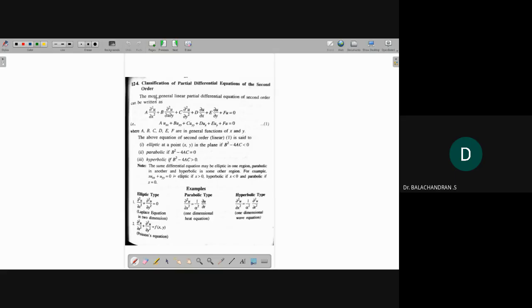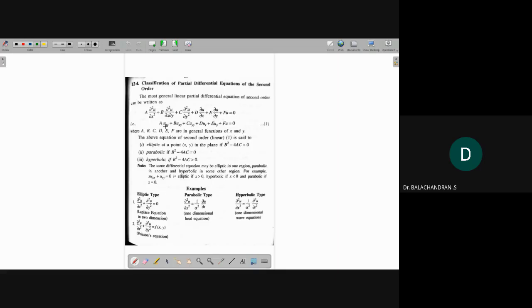This is a general introduction about PDEs, classification of partial differential equations of second order. This is the most general linear PDE of second order: A into dou square u by dou x square plus b into dou square u by dou x dou y plus c into dou square u by dou y square plus d into dou u by dou x plus e into dou u by dou y plus fu equal to 0.